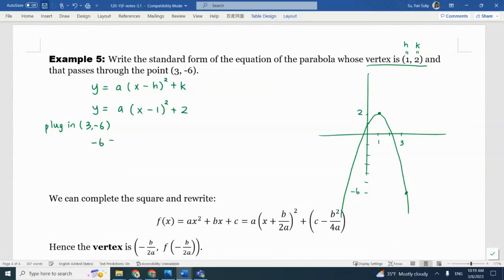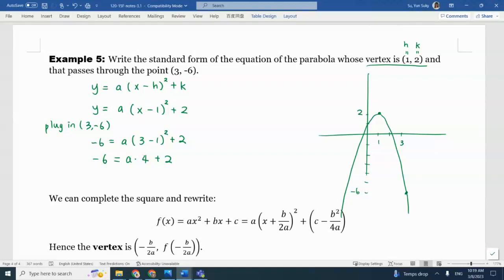So y is -6. x is what? 3. Right? We plug in y is -6, and we plug in x is 3. Okay. What is 3 minus 1? 2. 2 squared is 4. So -6 equals a times 4 plus 2.